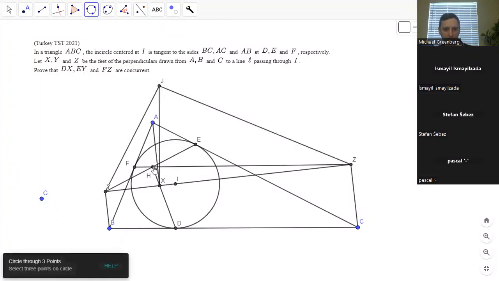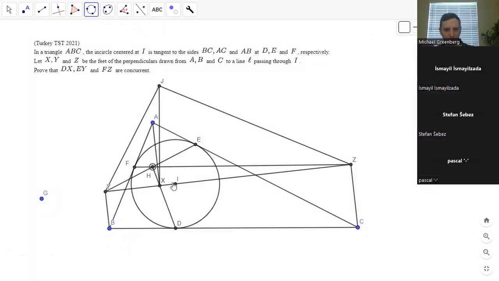Or maybe there's something special. Let's see, if we take this point, this point.